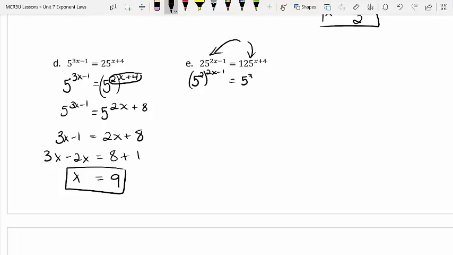So I'm going to replace 125 with 5 cubed. Now I'm going to use power of a power rule to simplify. And now that I have like bases, all I have to solve is 4x minus 2 equals 3x plus 12.